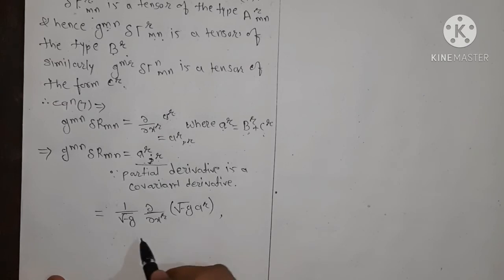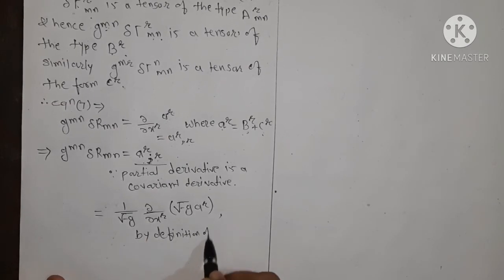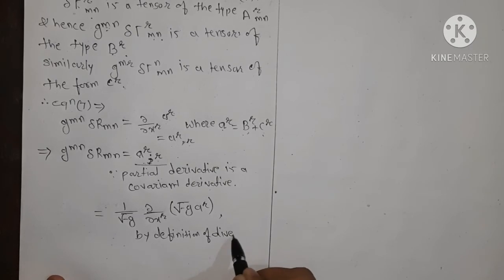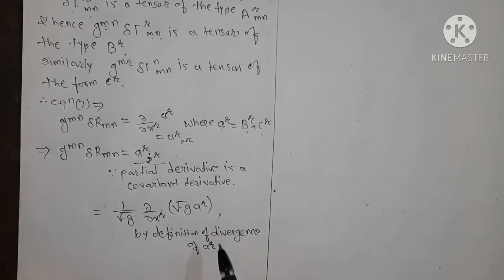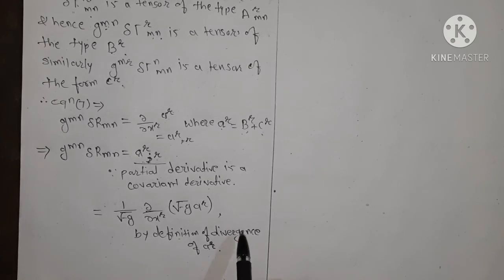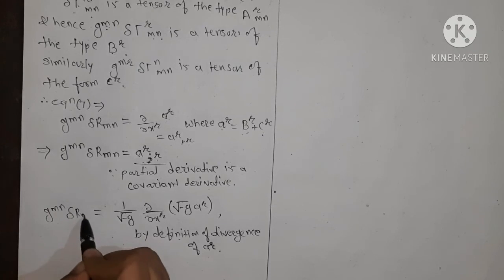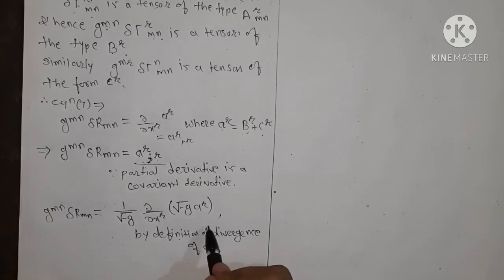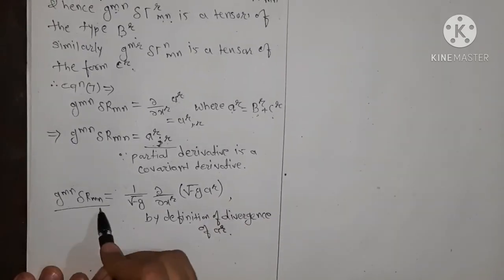Okay, so we write this by definition of divergence of A^r. You can recall this definition from the Riemannian geometry. So we have g^{mn} δR_{mn} equal to this, and therefore we substitute this value in I3, that is in the third integral.